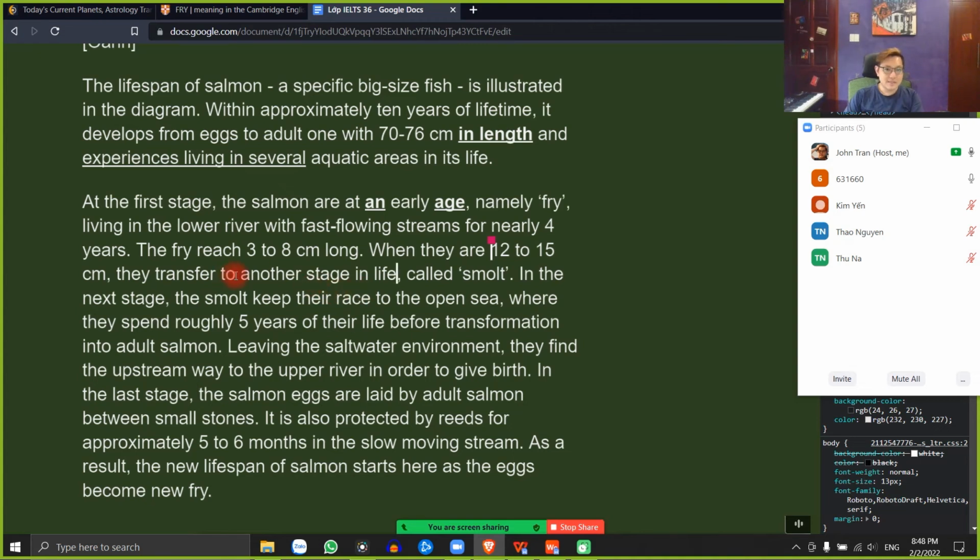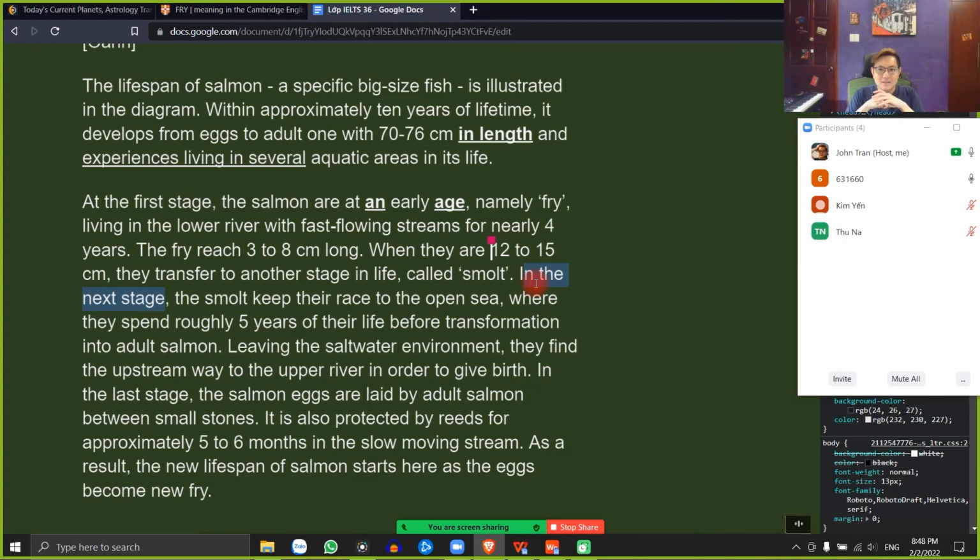Okay, you said there's another stage in life called a smolt, and then here you say in the next stage also. Does it mean you have another stage after that? Is it another next stage?